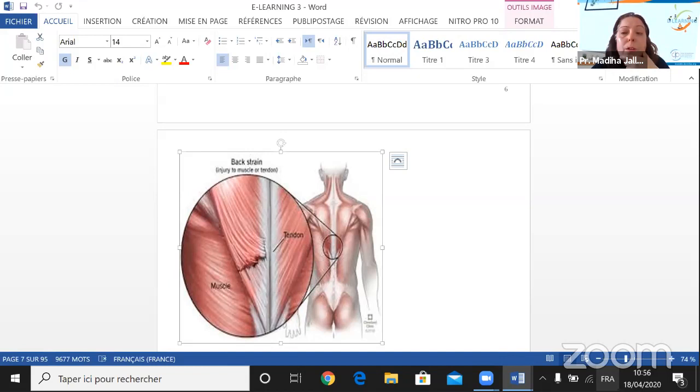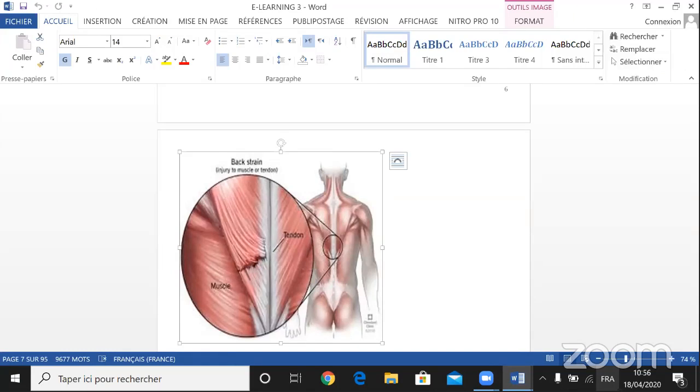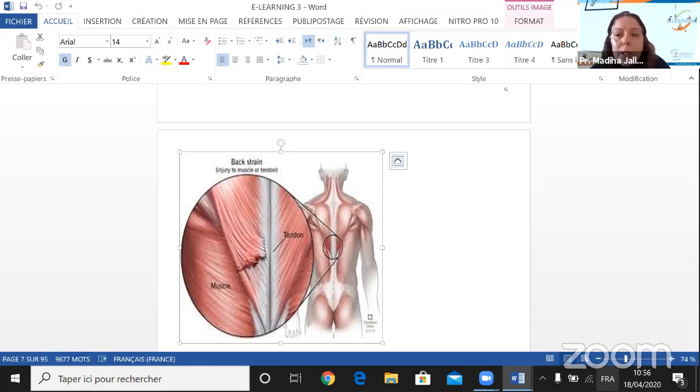The cause of it is overstretching. Good. Overstretching, or you can also use the word over-exercising, or over-exertion, over physical exertion.